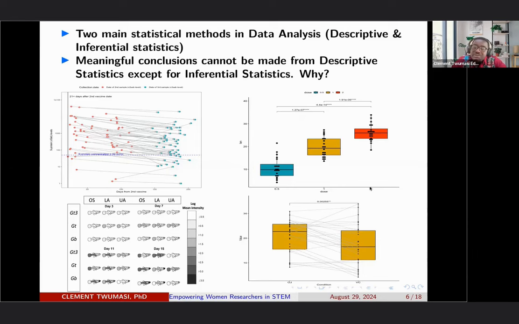So let's say at dose level 2, it appears that averagely, or even based on the distribution of data, that outcome is highest at dose level 2. But without doing any proper inferential statistics, we cannot conclude that there's a significant difference in that particular outcome between dose 1 and dose 2 until you do an inferential test to find out.